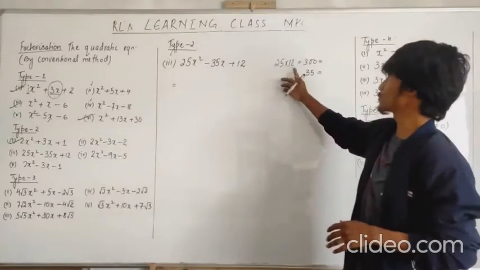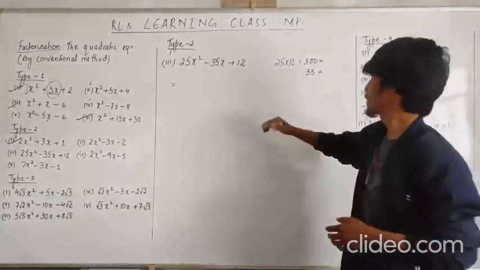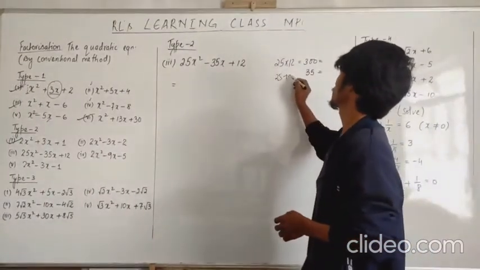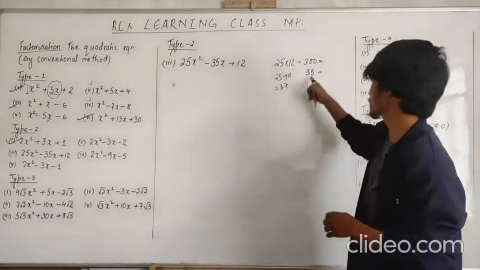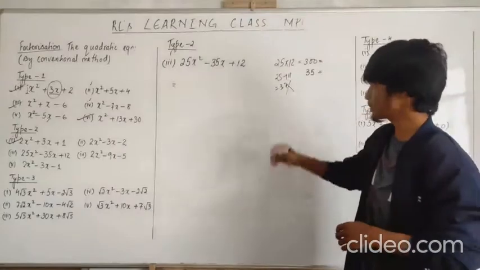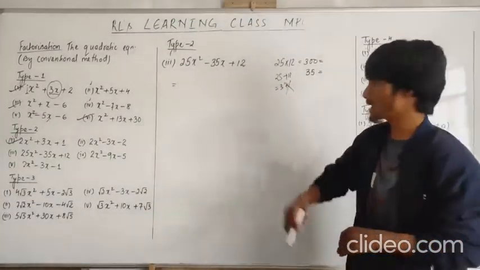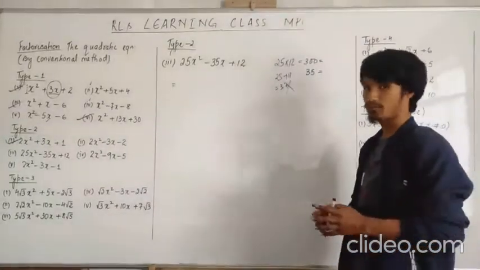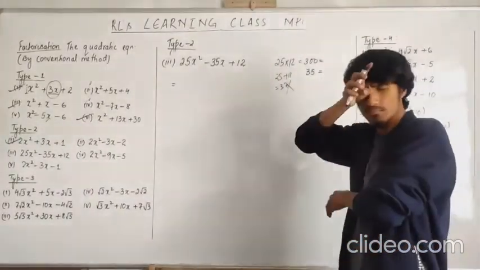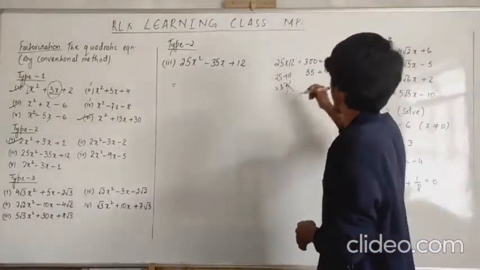Now 25 into 12 gives 300, but 25 plus 12 is equal to 37, and here it is 35, so it cannot be used. Then 25 minus 12 will be 13, but here it is 35, so it cannot be used. Then you have to find another number. Which number? Okay, let me try.